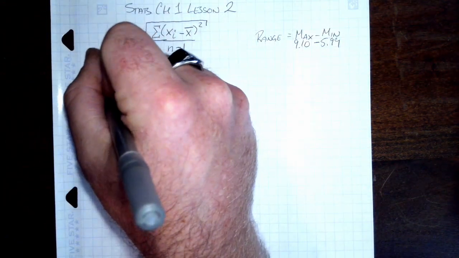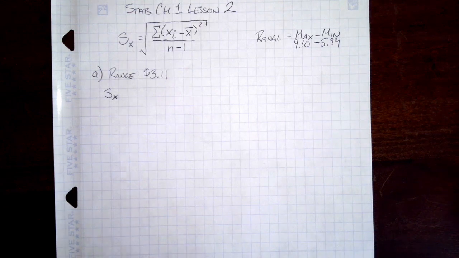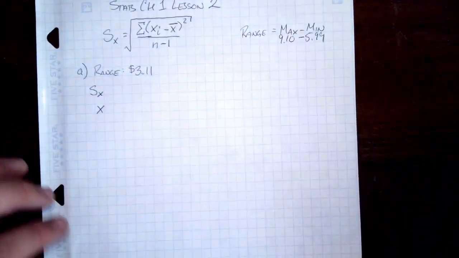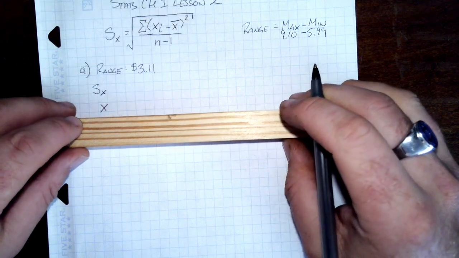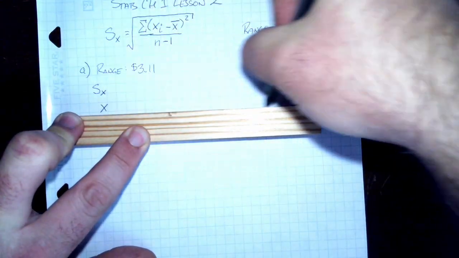Again, the standard deviation for this sample, S sub x. So first we need all of our data values, each x value. And again, I'm going to use my straight edge here.